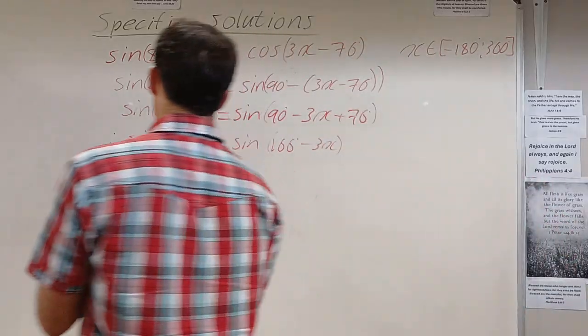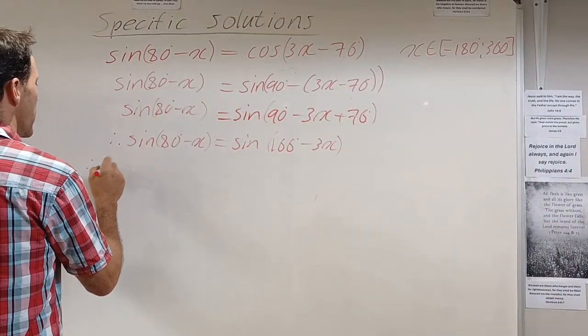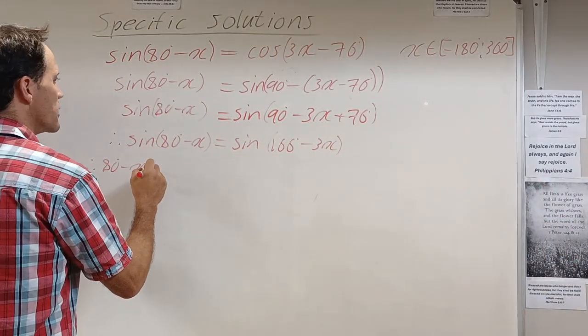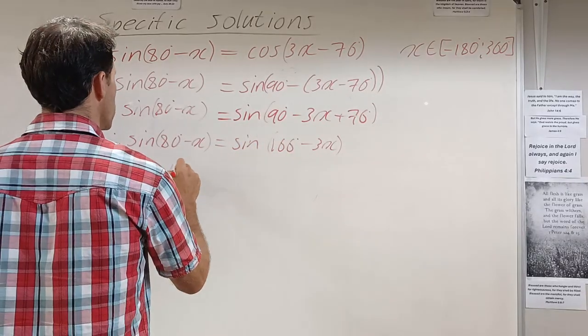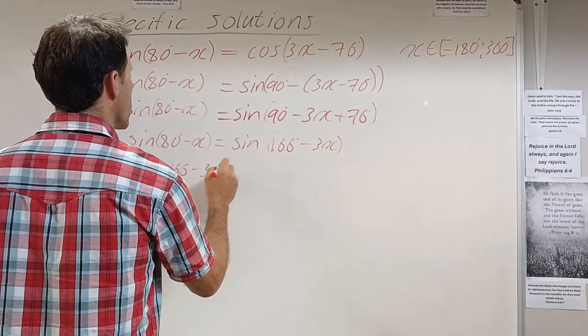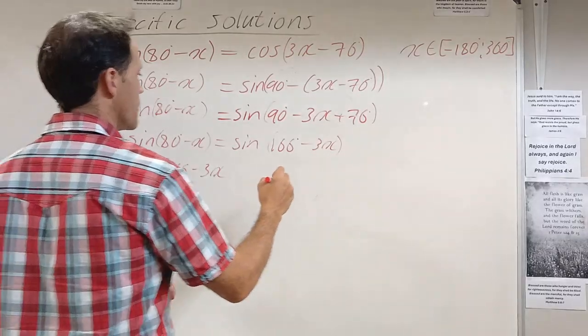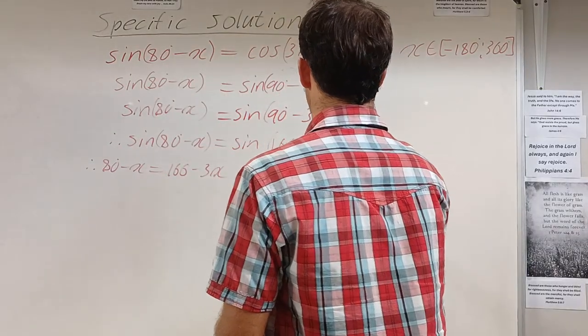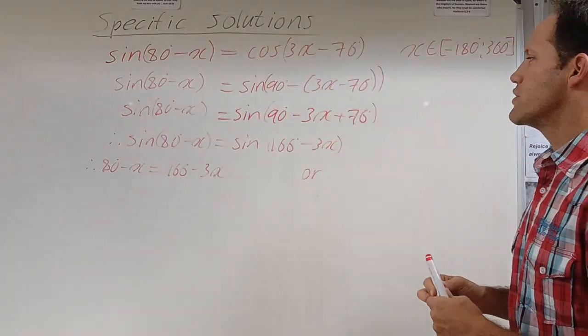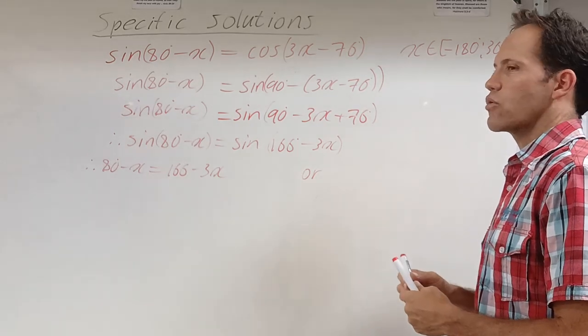So my one solution would be 80 minus x equal to 166 minus 3x. And my other solution is in the second quadrant.